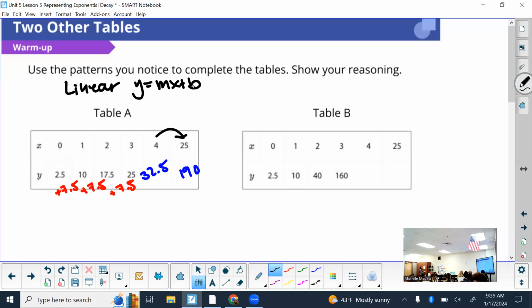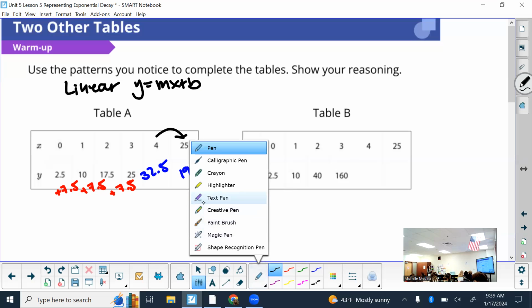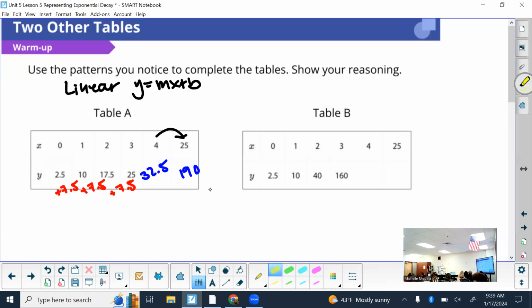Class, in y equals mx plus b, what is usually replaced with numbers? Don't overthink it. So again, I'm talking to all of you. In y equals mx plus b, what is usually replaced with the number?